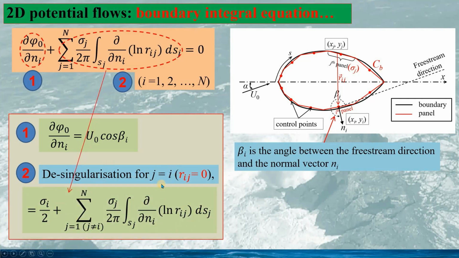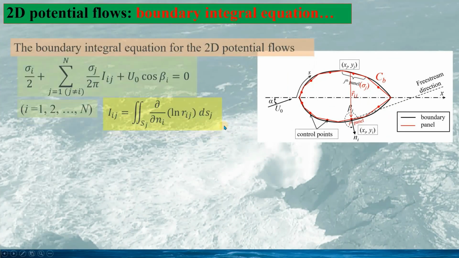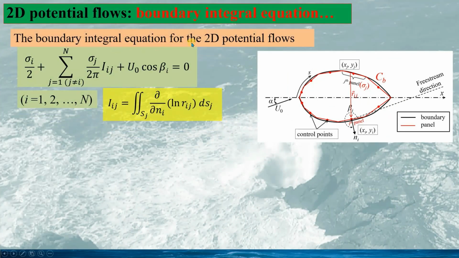When j equals i, the desingularization gives the value for this expression as this. And the rest of the expression is given as this, with j equaling 1 to n, but j not equaling i.